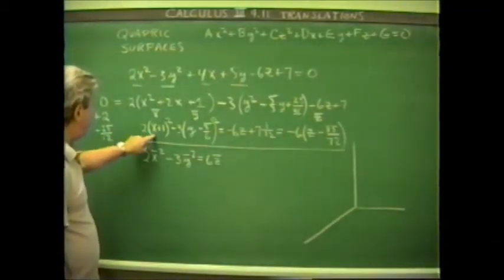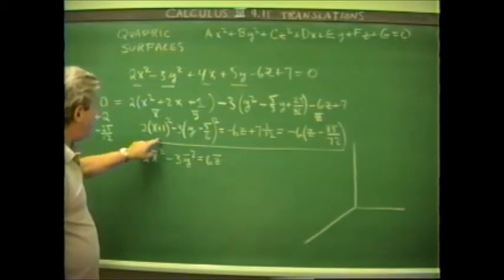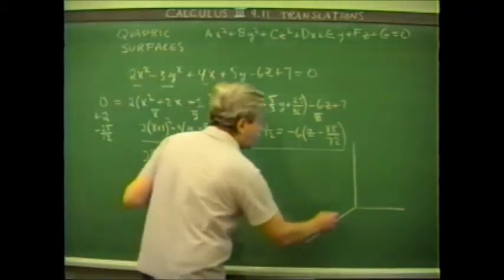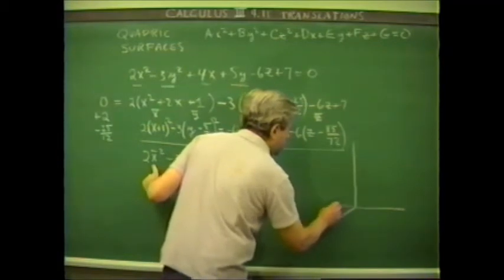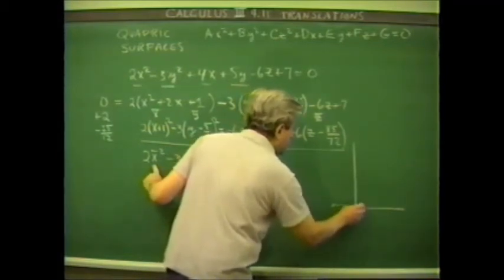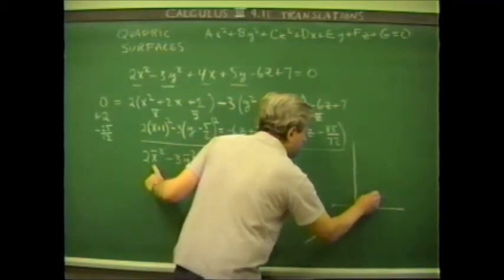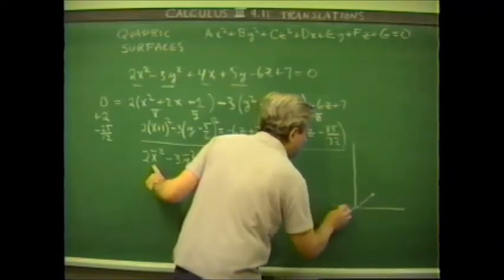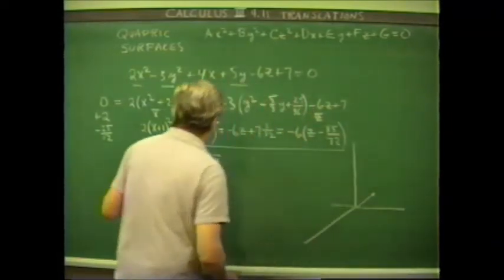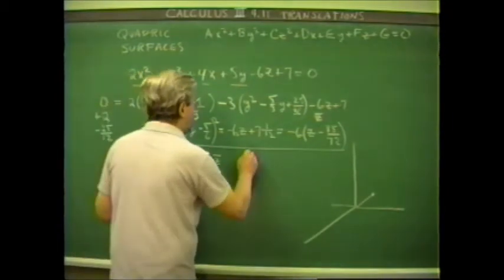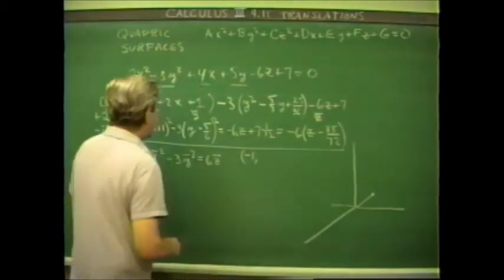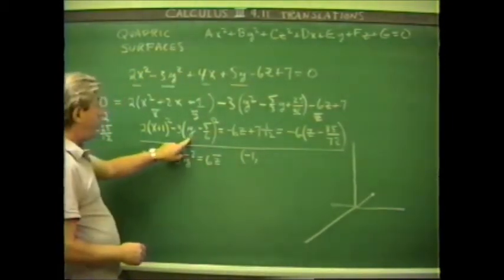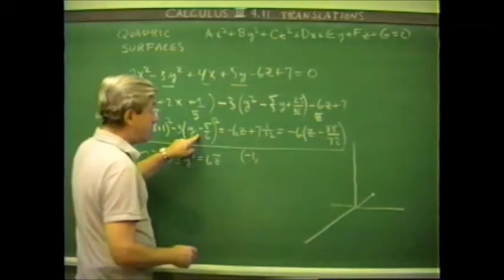X bar is equal to 0 when x is minus 1. So at x equals minus 1, we've got the center of this system here. Right? So x equals minus 1. Y bar is equal to 0 when y is equal to 5/6.